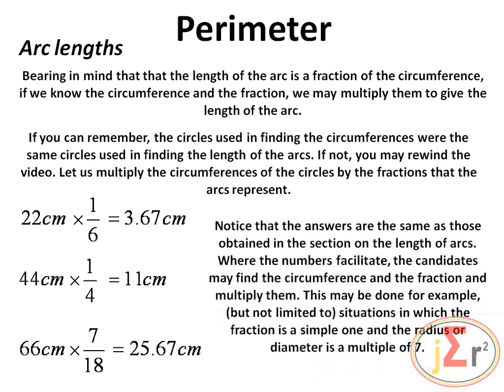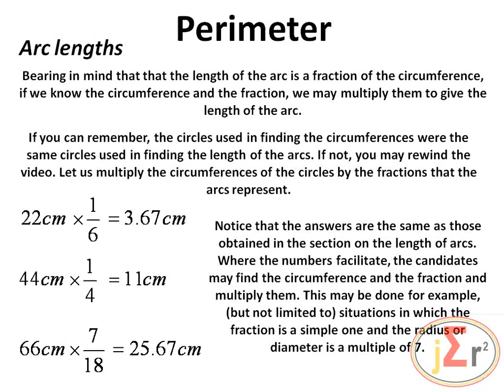Notice that the answers are the same as those obtained in this section on the length of arcs. Where the numbers facilitate, the candidates may find the circumference and the fraction and multiply them. This may be done, for example, but not limited to, situations in which the fraction is a simple one and the radius or diameter is a multiple of 7.